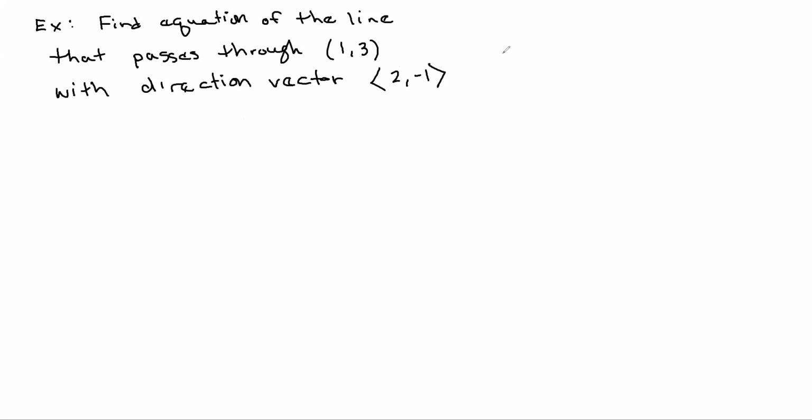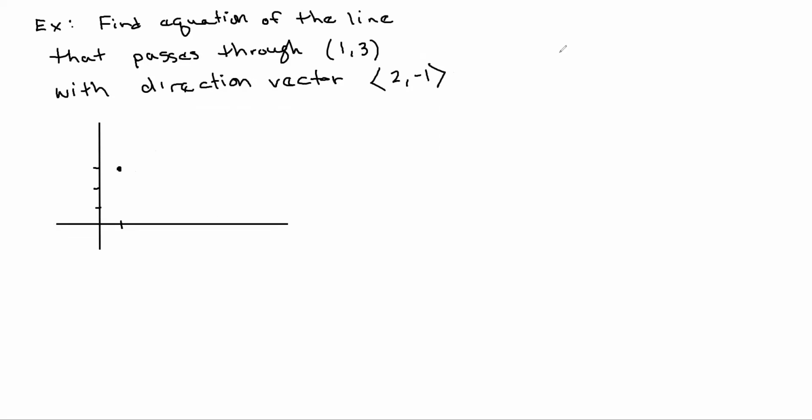You don't have to do this, but let's just sketch the picture to make the connections. If we were to draw this, we've got 1, 3. If we were to put an r naught on here, this would be r naught. It would go from the origin and stop right here on that point.